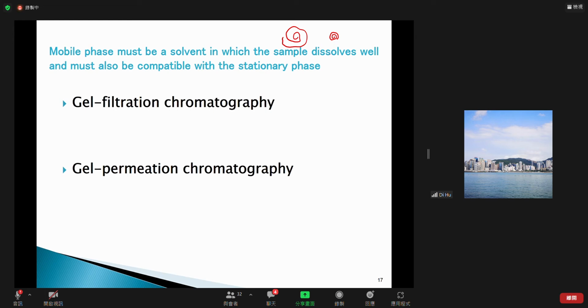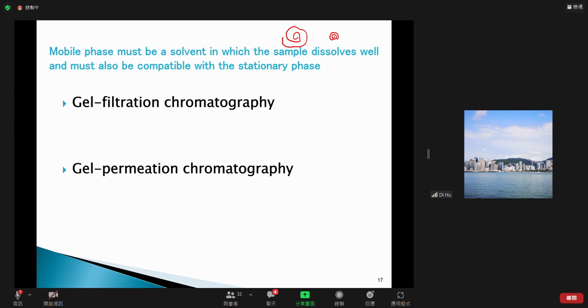So you want the relaxed form, dissolved. Also, the mobile phase should be compatible with the stationary phase. That means a polar, aqueous mobile phase matches a hydrophilic stationary phase, and an organic mobile phase matches a hydrophobic stationary phase.